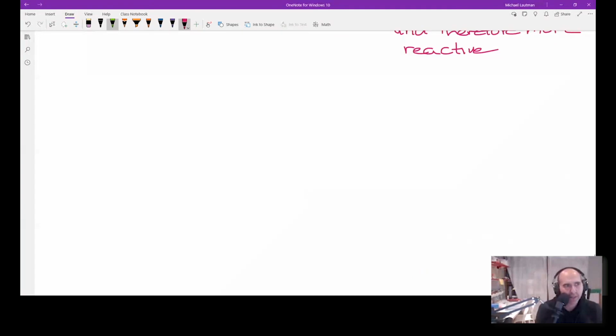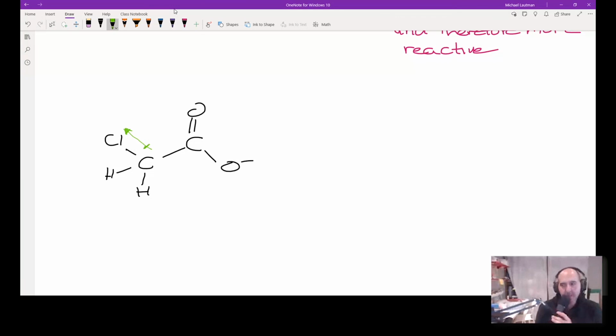So if we took the case of the third molecule we were studying, which is this one here, the chlorine is more electronegative than the carbon, and so now we end up with a partial positive charge near the acid site. Here we have a delta plus near the electron cloud.